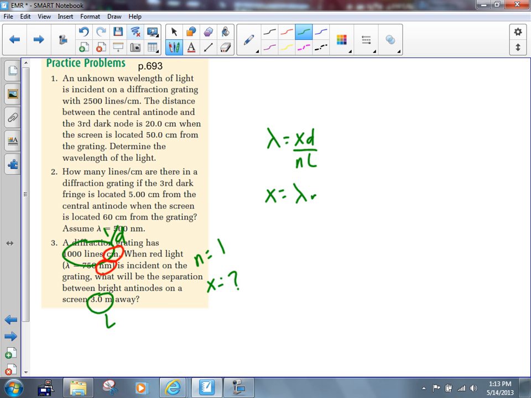Lambda times n times L over d. Let's say lambda is 750 times 10 to the minus 9. n is 1. It's easier when n is 1.